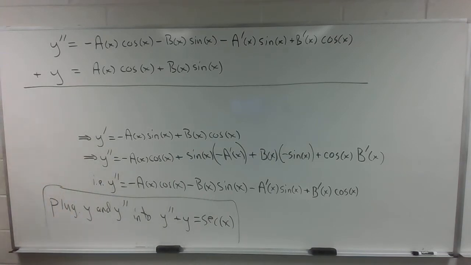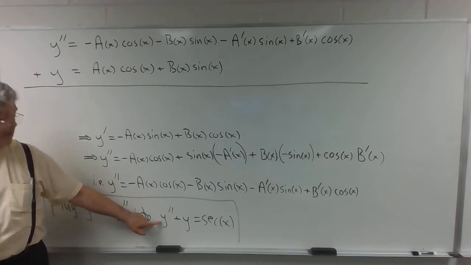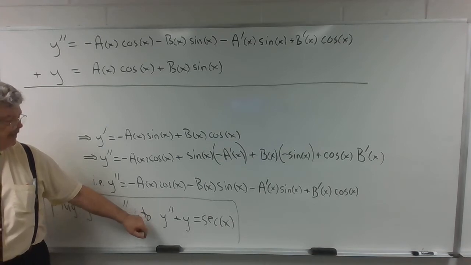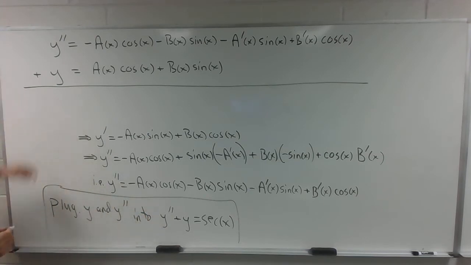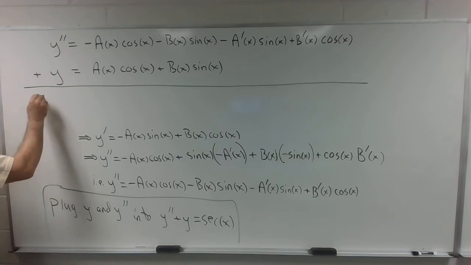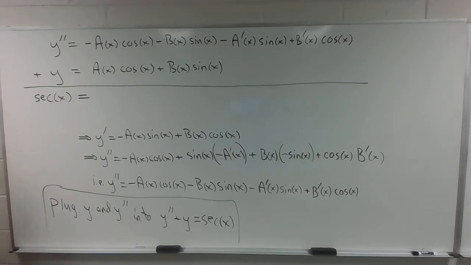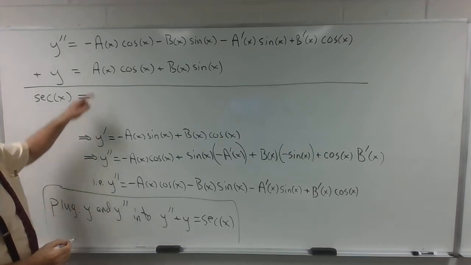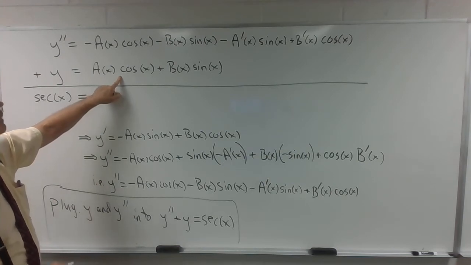And remember what equation it is we're trying to solve? It's this one, y double prime plus y equals secant of x. And that's equal to, well, let's see. These terms add up to 0.